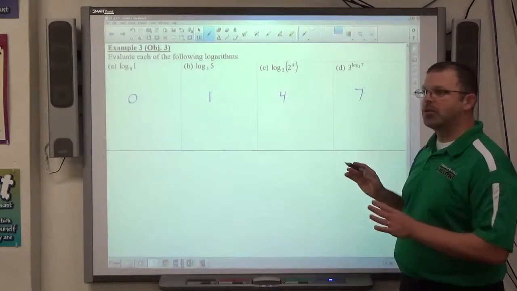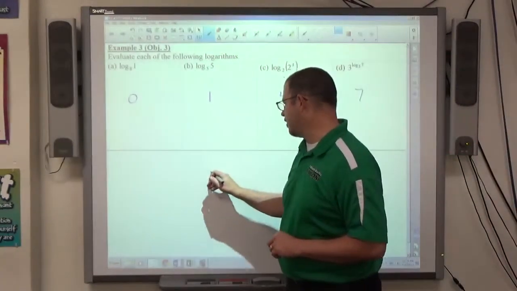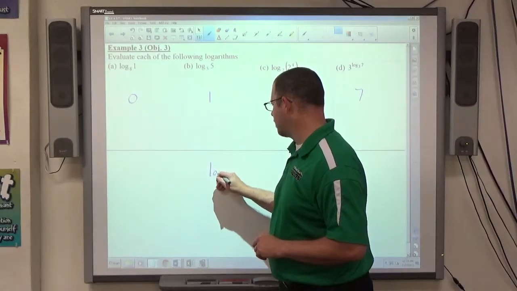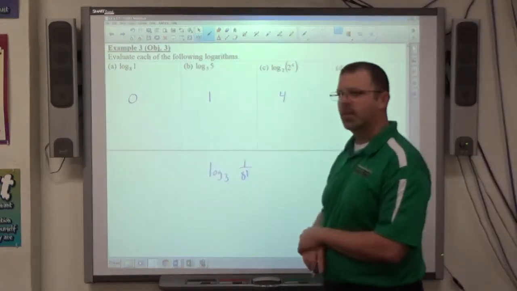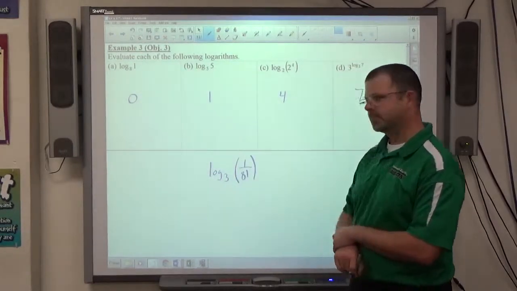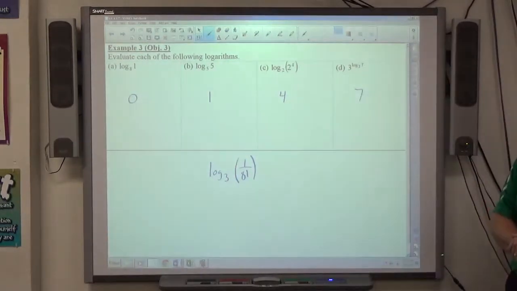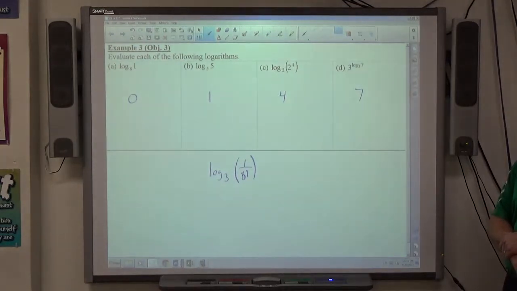Okay. Know your rules, understand your rules, and be able to evaluate. One thing they might throw at you in this section, if they say, for example, let's say log base 3 of 1 over 81. Okay. It's not log of 1, it's not log of 3, it's not log of 3 to a power, and it's not some exponential expression. What's it look more like out of those 4 possibilities?